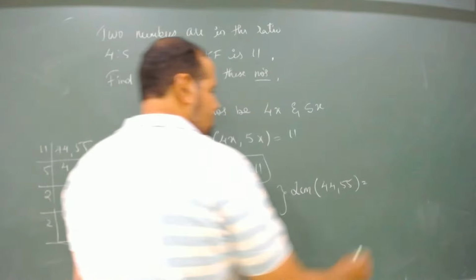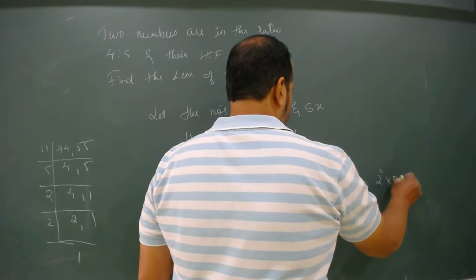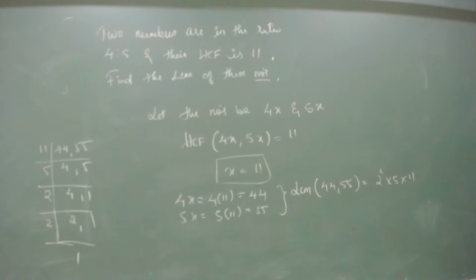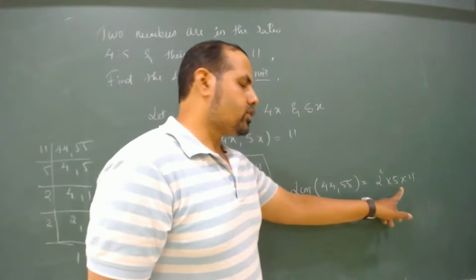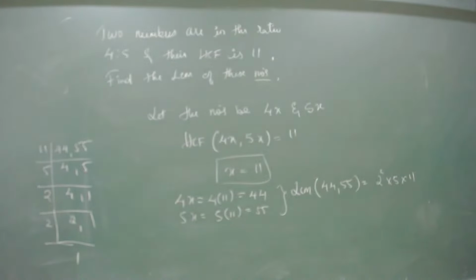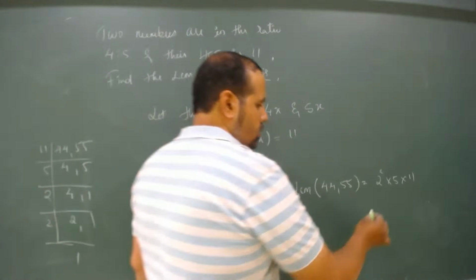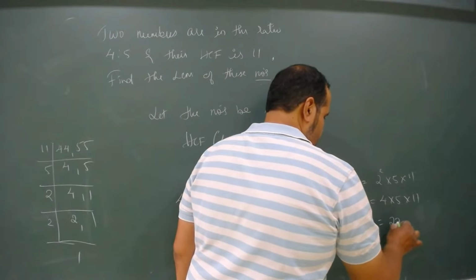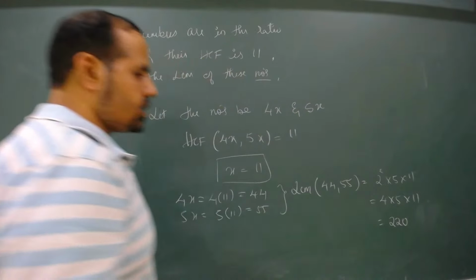Therefore, LCM is 2 square into 5 into 11. 2 square is 4, 4 5s are 20, 20 into 11 is 220. So 220 is the LCM.